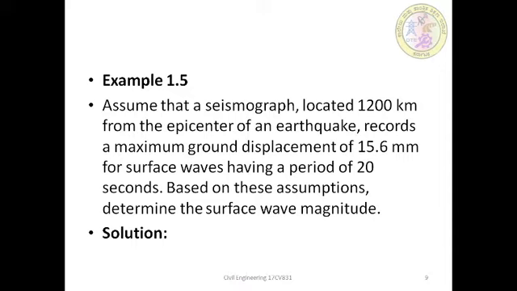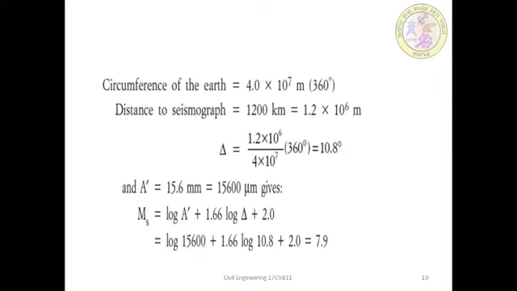Based on this example, the given data is the circumference of the earth. We have to take it as 4 into 10 raised to 7 meters, that is for 360 degrees. And here the distance to the seismograph is given as 1200 kilometer.